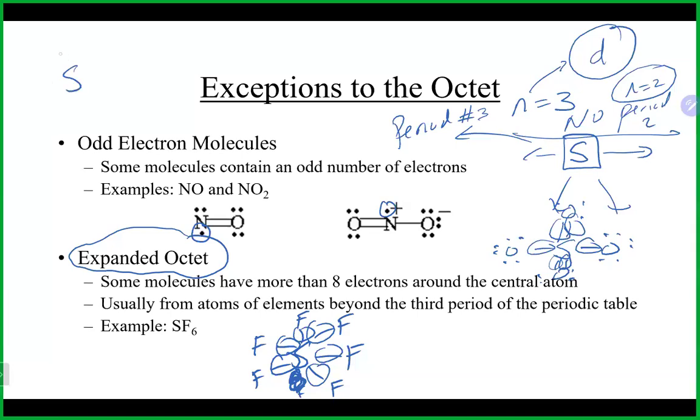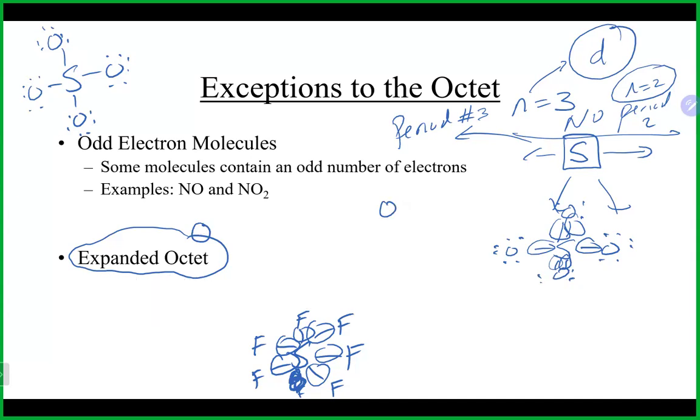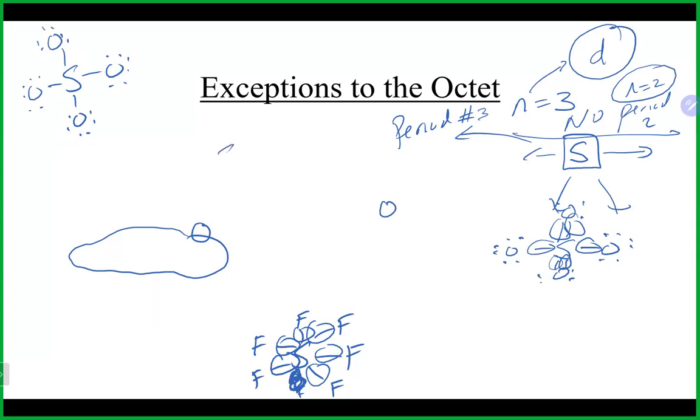When you draw something like sulfate in this class, you should actually end up with it all single bonded. And it's perfectly fine because it has 8 electrons on everybody. Everybody meets the octet rule. If you look online, you will sometimes see sulfate drawn like I scribbled earlier, like this.